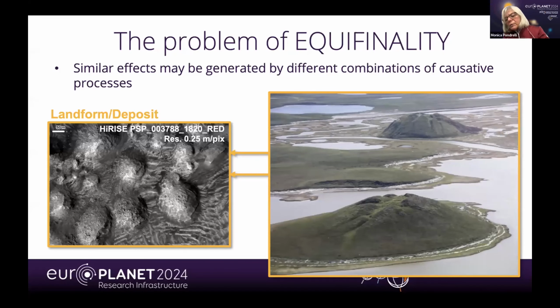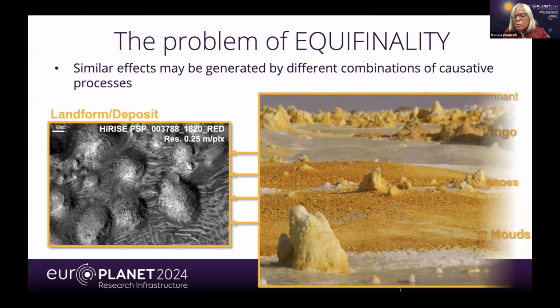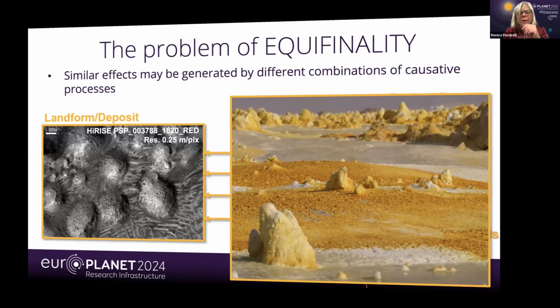Or they might be formed as pingos, so in glacial settings, or as mud volcanoes, such as here, or as spring mounds. And I'm not even mentioning all the possible volcanic processes or associations between volcanic and sedimentary processes. So the study of these landforms will get us stuck at some point.